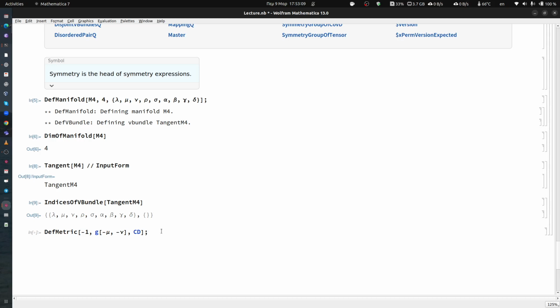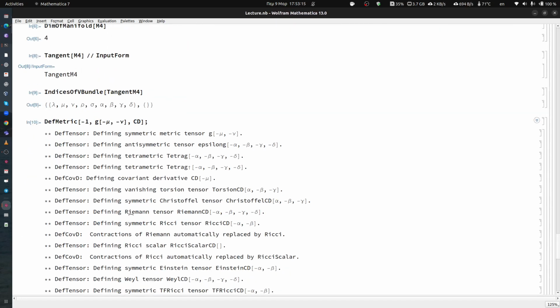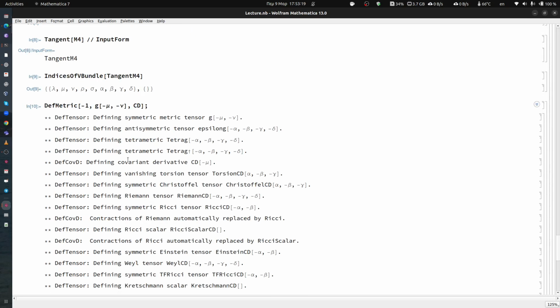So we press shift enter, and you see that there is a lot of work that is done by this function under the hood. So you should read those messages because they give very useful information. So you see that many tensors are defined by the call of this function.